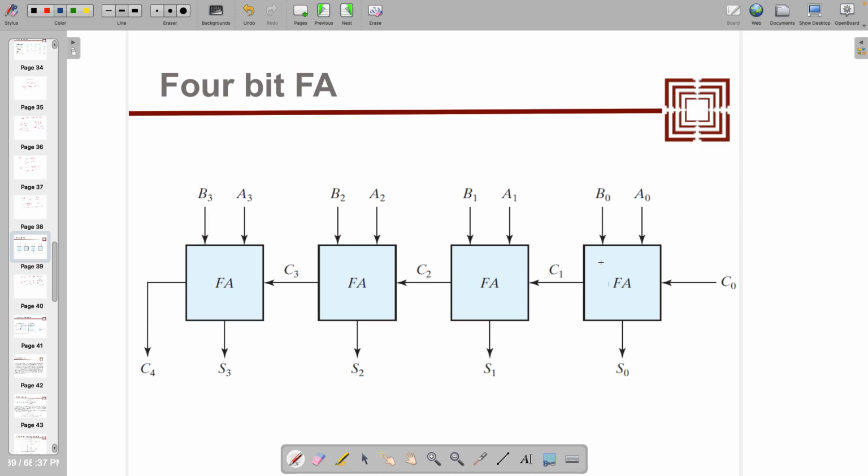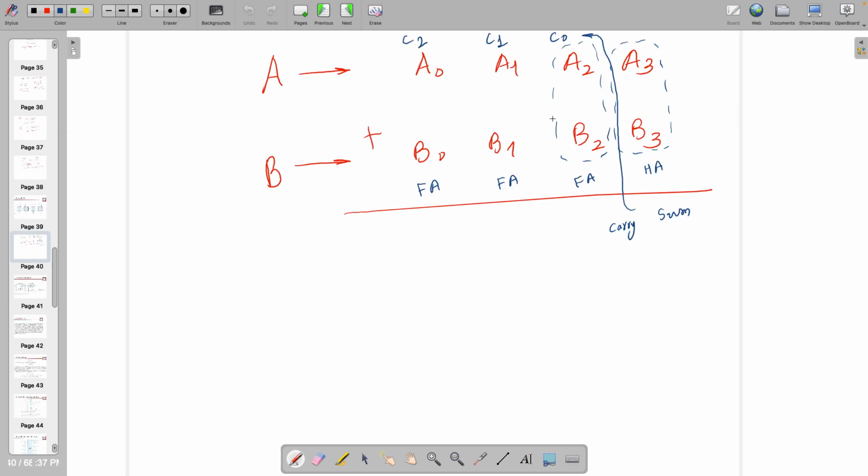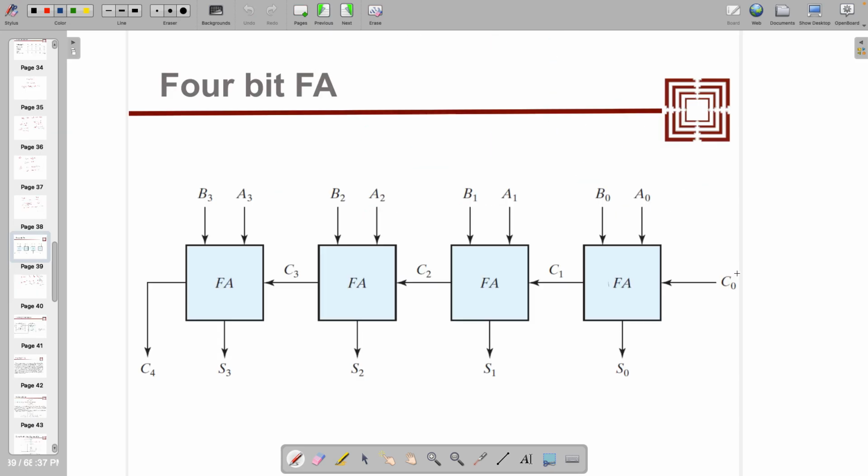So it's coming from somewhere else. The first one is a half adder if you are designing for this problem, then it's okay. But if it is coming from somewhere else, then you require a full adder, right? Yeah.